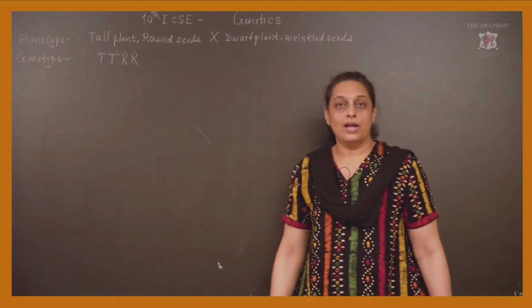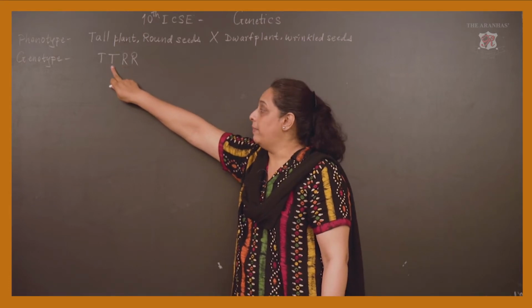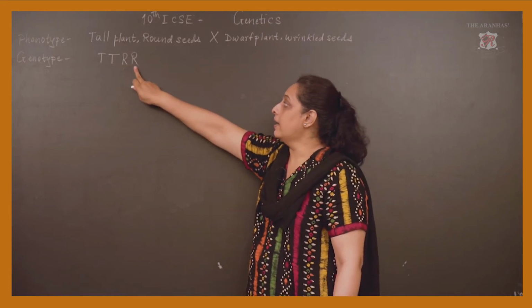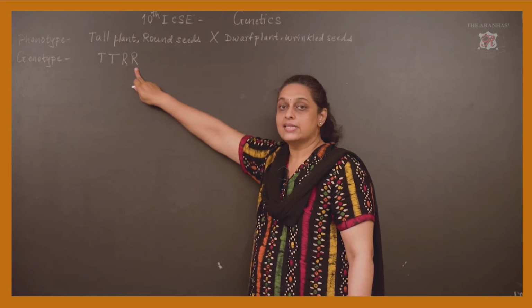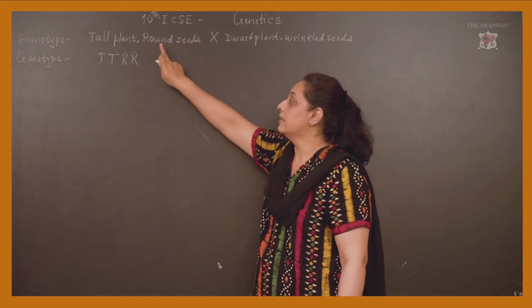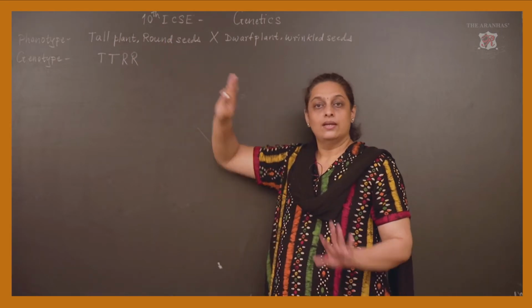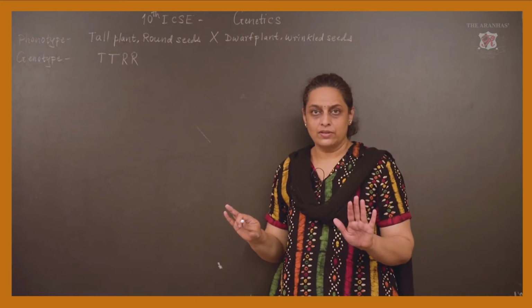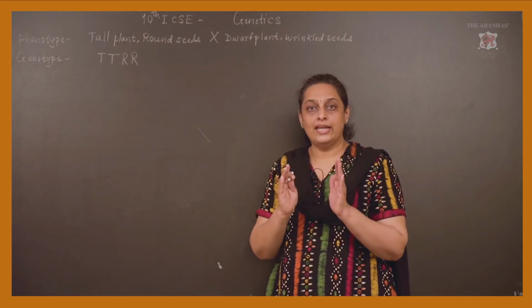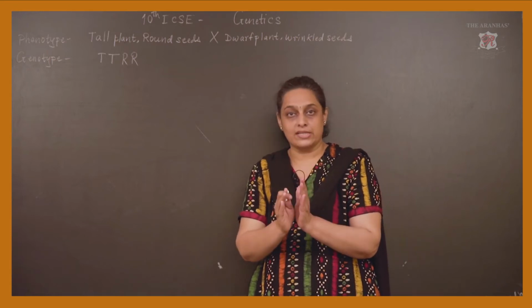So now have a look at the board. Capital T, capital T, capital R, capital R is genotype of tall plant with round seeds. Don't get confused. Finish writing genotype for one character first.